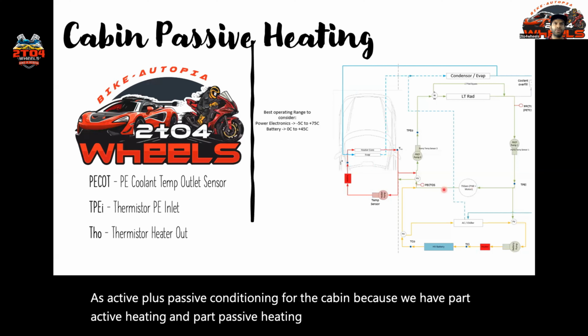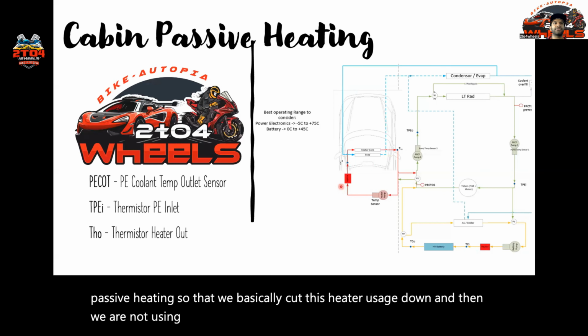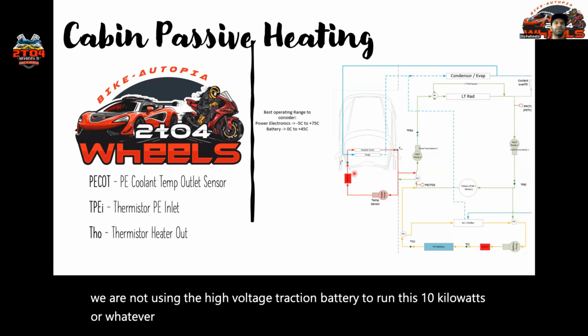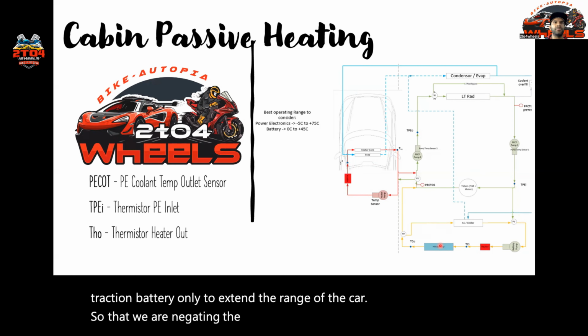Now our goal is to achieve full passive heating so that we cut this heater usage down and we are not using the high voltage traction battery to run this 10 kilowatts or whatever power on the heater, so that we can use this high voltage traction battery only to extend the range of the car, so that we are negating the range anxiety in a person.